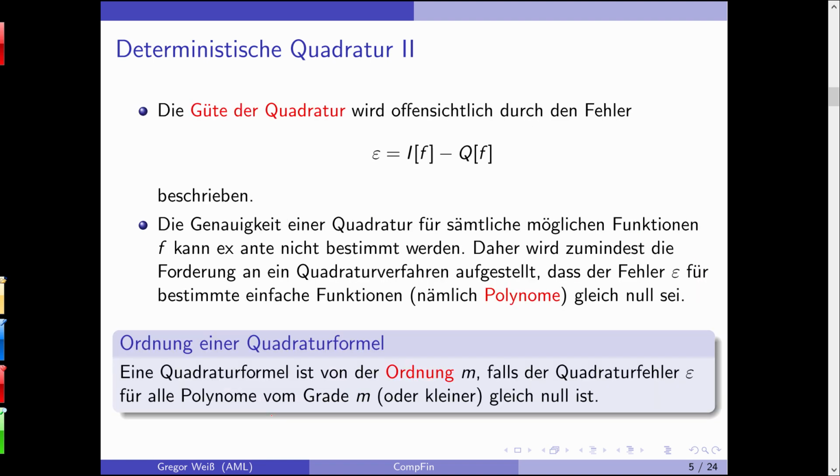Now, the accuracy of the approximation can simply be calculated by the exact integral minus the approximation. If epsilon is 0, it means the integral is equal to its approximation, and we have a perfect match between our best guess and the integral.